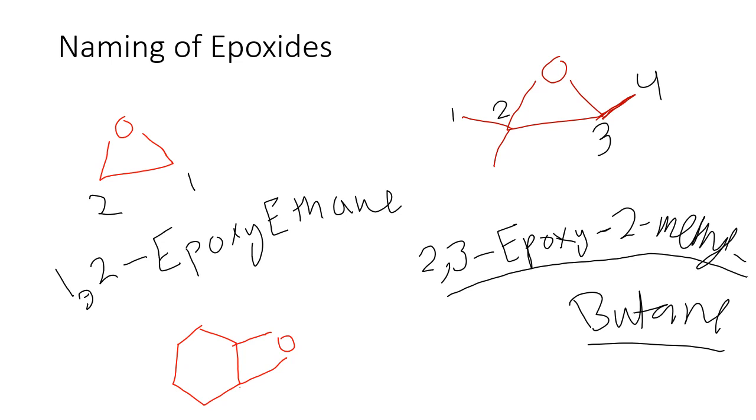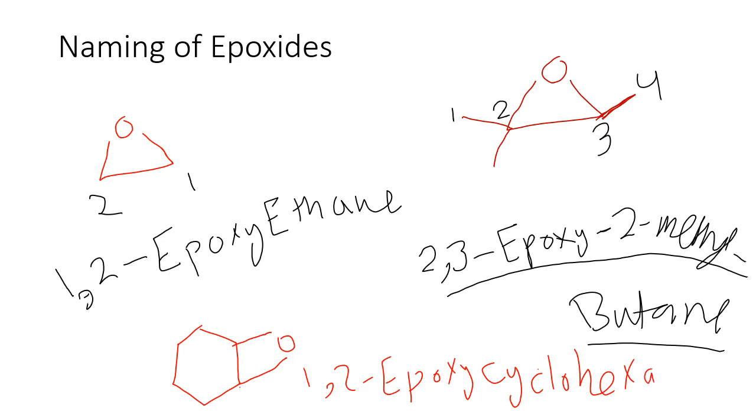This compound is named 1,2-epoxycyclohexane. Why? Because these are carbon number 1 and 2, so it's 1,2-epoxycyclohexane. So how do we name epoxides? Just by adding the prefix epoxy and numbering it, giving it the correct number.